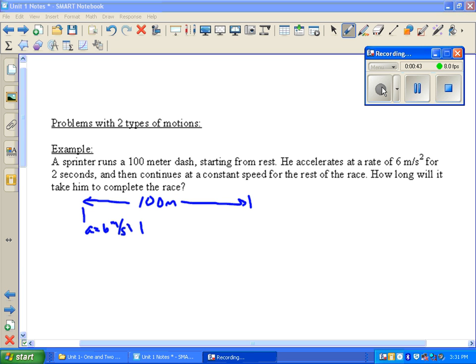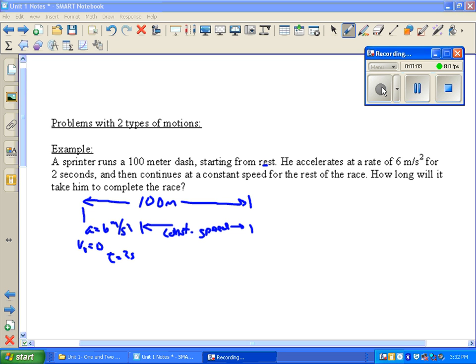The initial velocity is 0 because he starts from rest, so v0 equals 0. The time for this part is 2 seconds. And then he does the second part at a constant speed. So we have to split it in two parts and treat them separately.